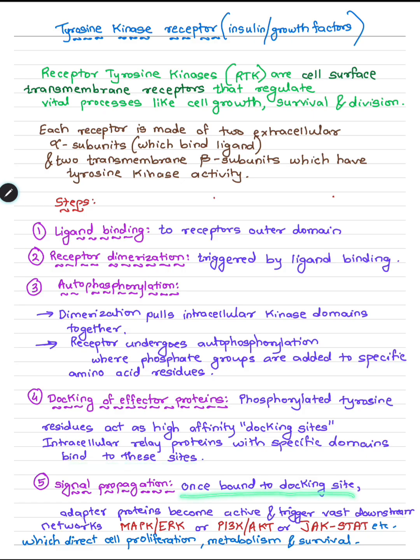Once bound to the docking site, adapter proteins become active and they trigger vast downstream networks like MAP-ERK, also called the mitogen activated protein kinase extracellular signal regulated kinase pathway, or the phosphoinositide 3 kinase and protein kinase B, or AKT pathway, or the JAK-STAT pathway, which is also called the Janus kinase, and signal transducer and activator of transcription pathway.